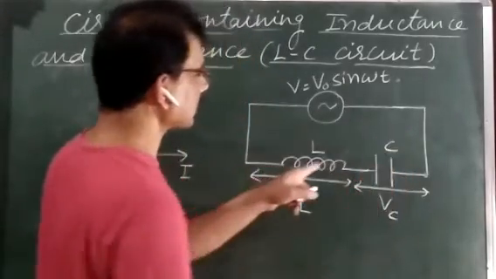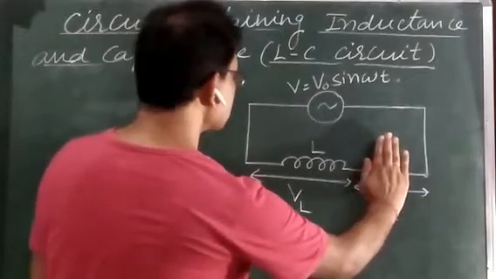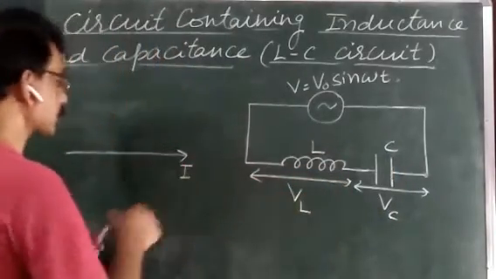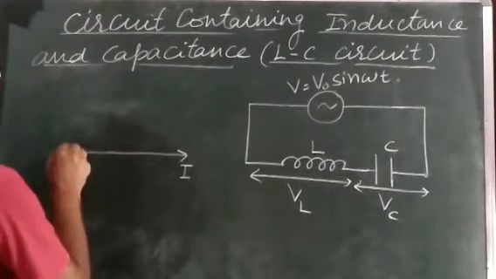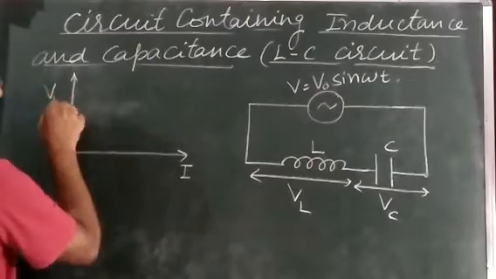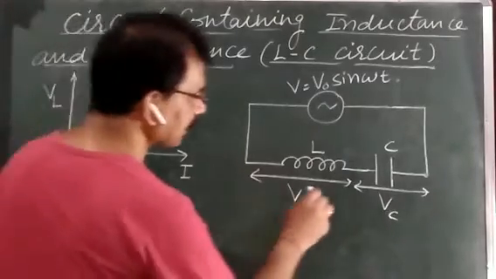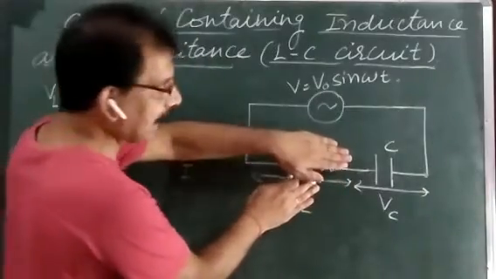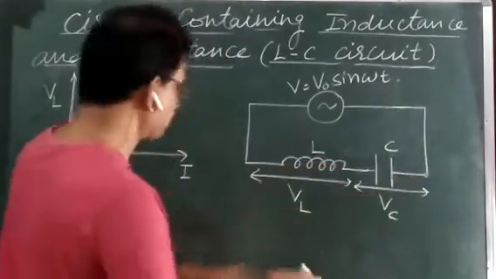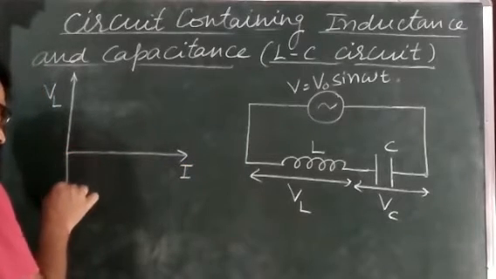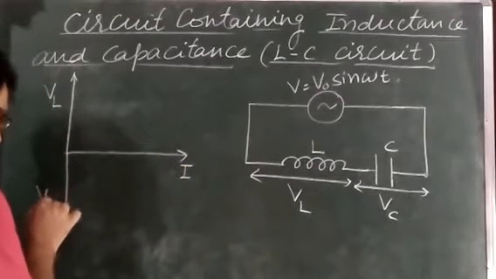If the circuit contains only an inductor, then the voltage across the inductor always leads the current I by a phase angle of 90 degrees, meaning VL will go upward. And when the circuit contains a pure or perfect capacitor, then the voltage across the capacitor lags behind the current by a phase angle of 90 degrees. So this one is VC.